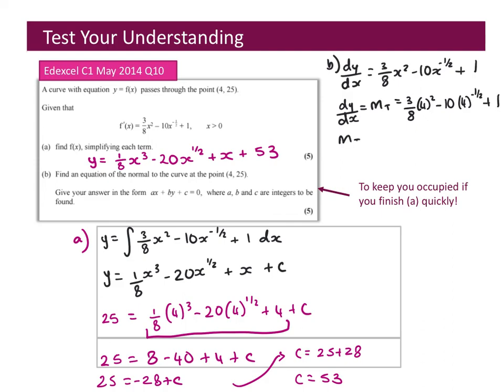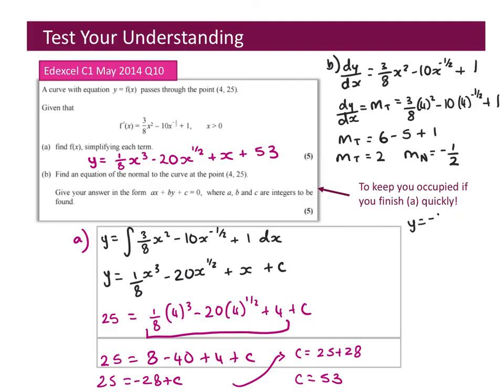So the gradient of my tangent is going to be 6 minus 5 plus 1. So my gradient of my tangent is going to be 2. The gradient of my normal is the negative reciprocal, which is negative a half. I have my point (4, 25).